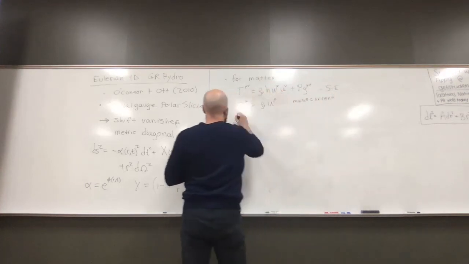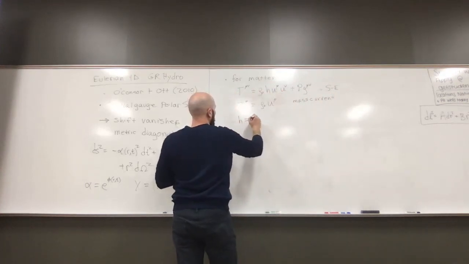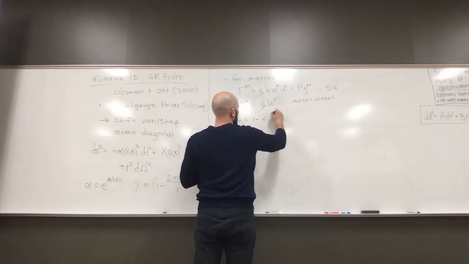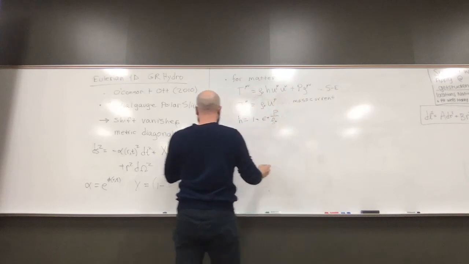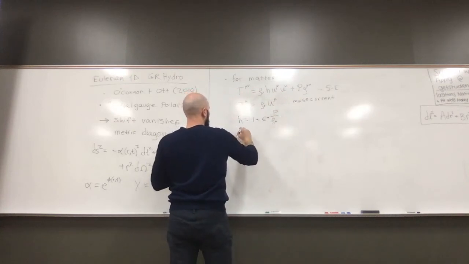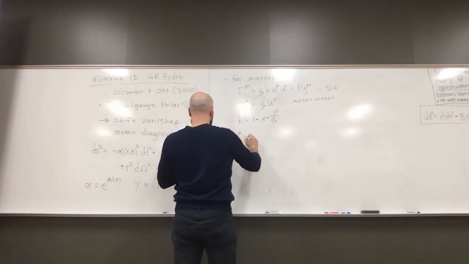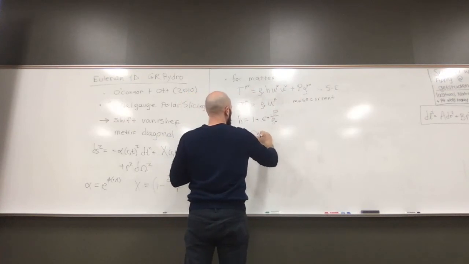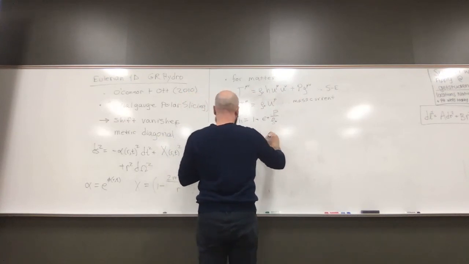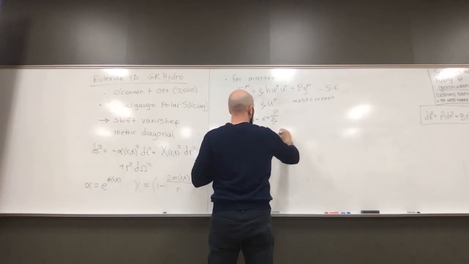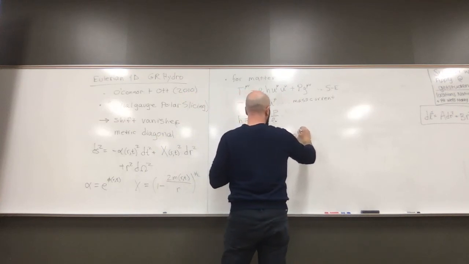Once again, the enthalpy is h equals 1 plus epsilon plus pressure over rho naught. And here, my 4 velocity u mu is equal to W over alpha, W V^r, 0, 0.